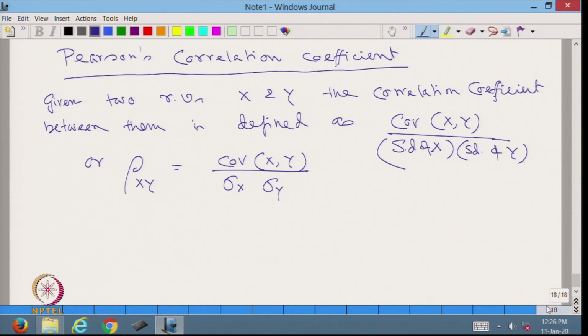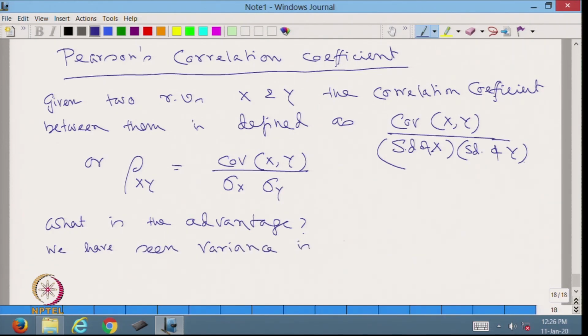What is the advantage? We have seen variance is affected by scaling.